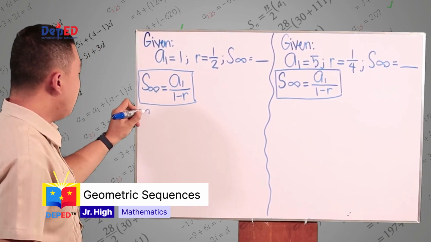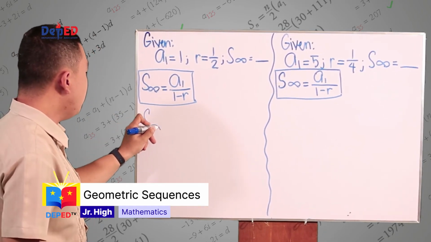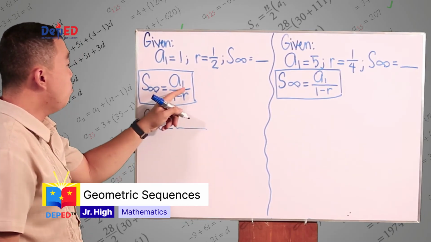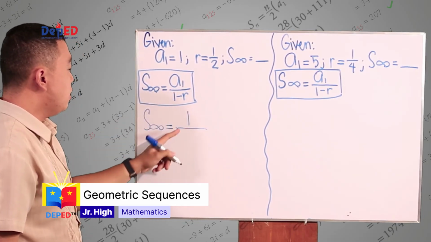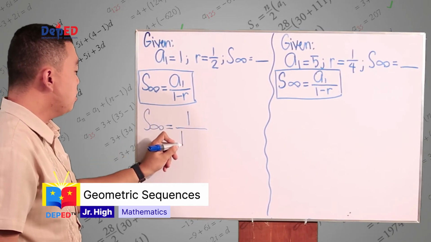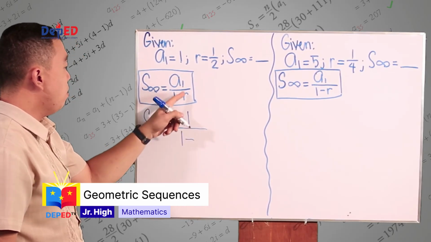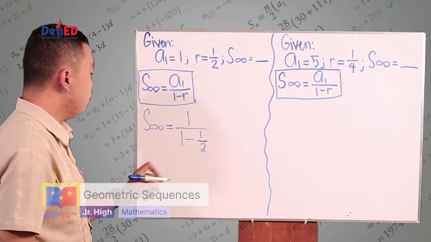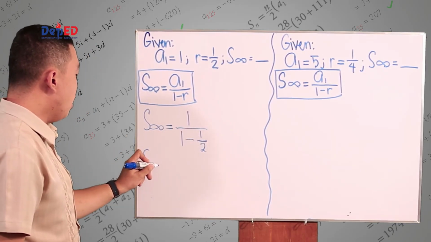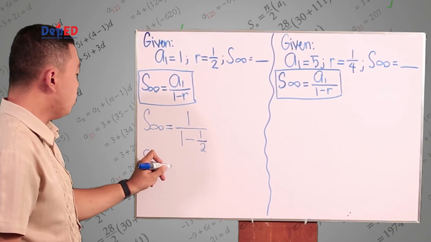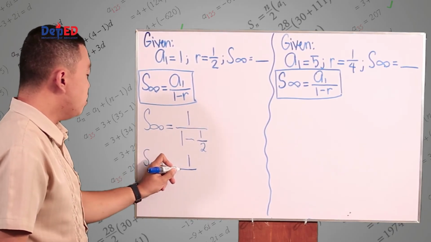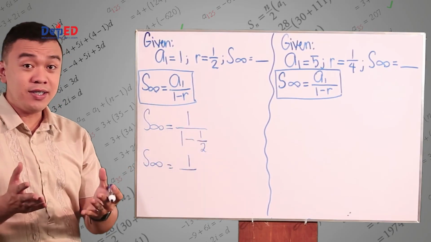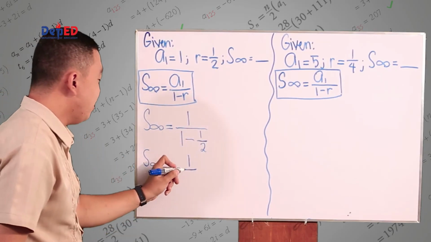So that's sum to infinity is equal to our a sub 1, which is 1, divided by 1 minus our ratio, again 1/2. Then we'll have sum to infinity is equal to 1 divided by 1 minus 1/2, which will give us 1/2.